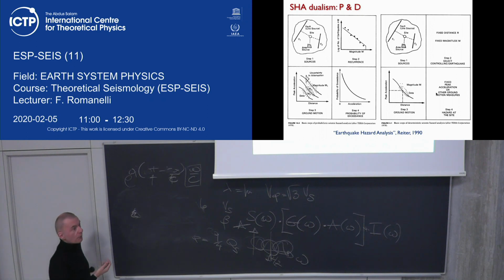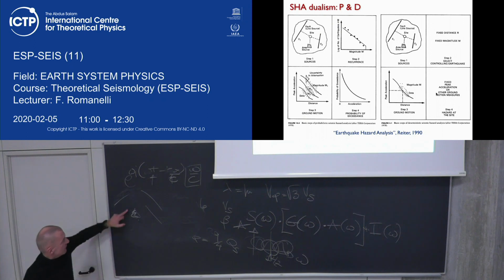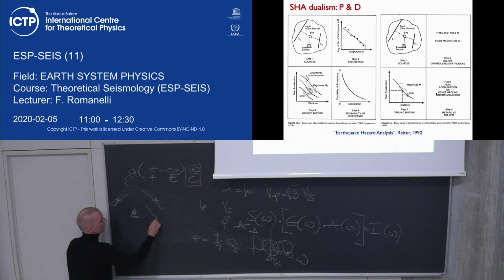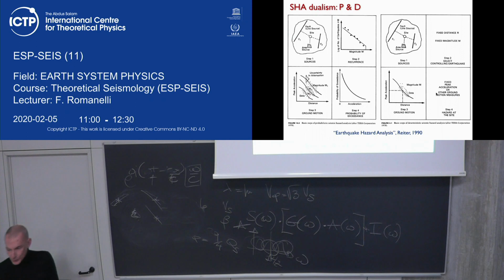Physically, you should say, okay, what are the faults? Well, we have many there, maybe one here. You have to know that in Trieste, one is supposed to be just here, but I don't believe in it. By the way, you define the sources, and you can treat them as faults, with slip, or you can treat them with models as points, or as lines. Good. Then you characterize them. With what?